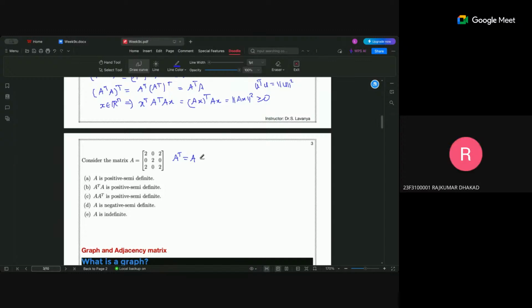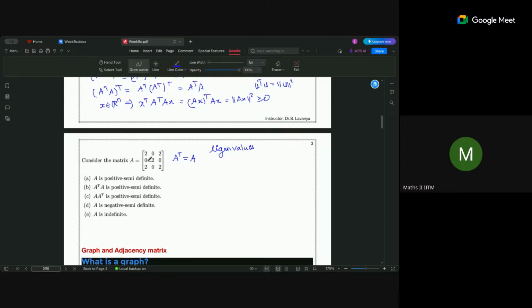By properties, we can say that X A transpose X. Yes, that is one way. What is the other way? Finding the eigenvalues of A. If they are non-negative, then you know that A is positive semi-definite.